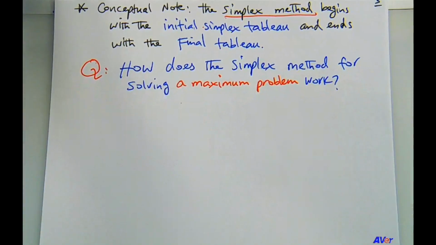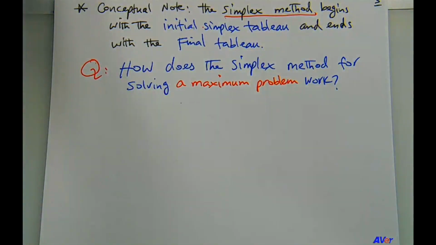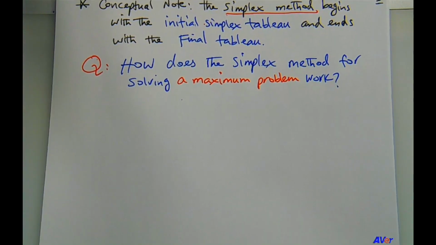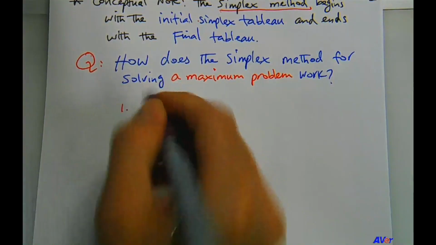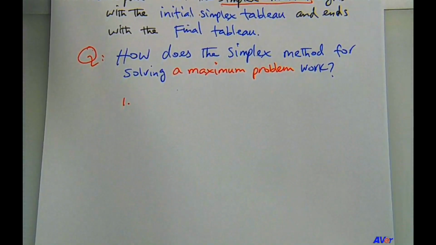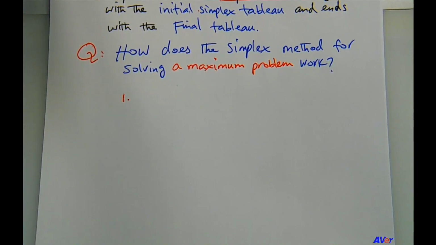So that's the question we want to answer. How does this method work in the big picture? Okay, so here are the steps we take in order to solve a maximum problem using the simplex method.